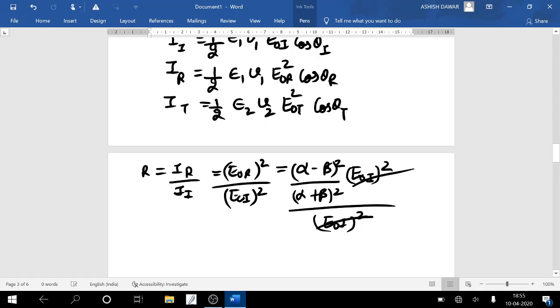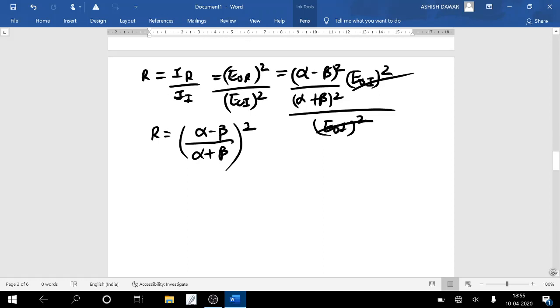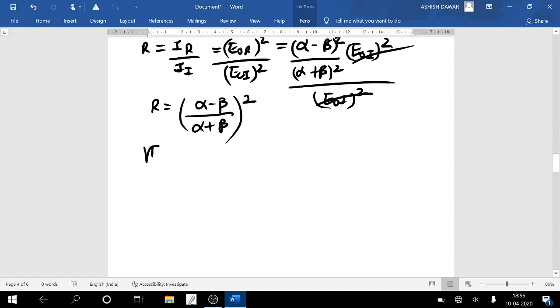So cancelling the common terms, we get R equal to alpha minus beta upon alpha plus beta, whole square.